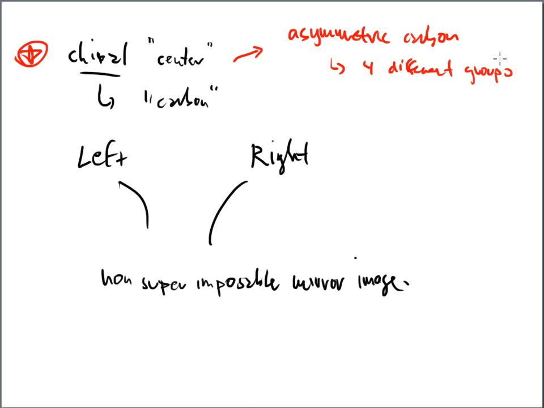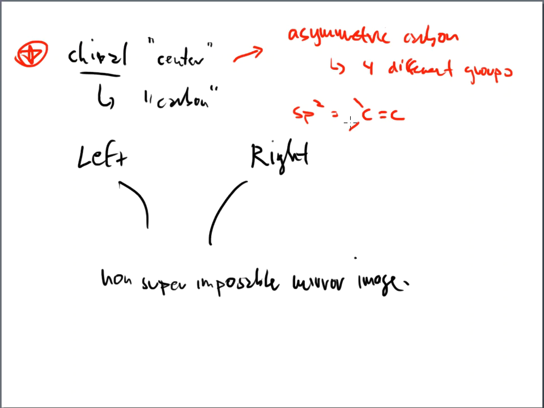So the next question that you might have, well, what about sp2 carbons? Okay, so for instance, a carbon double bonded to a carbon. Well, keep in mind that if that carbon's double bonded, there's only 1 bond that can happen here and 1 bond that can happen there, and that's a total of 4. Is that 4 different things? No, it's not. There's not 4 different things attached to that carbon. Again, that's how clear-cut this definition is.